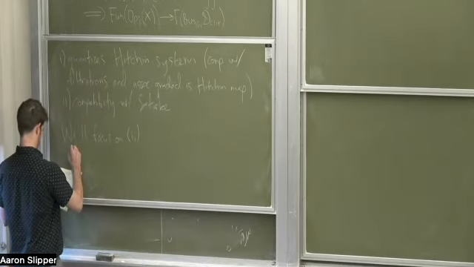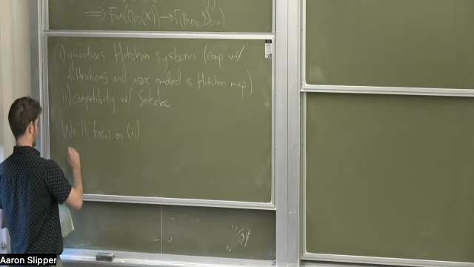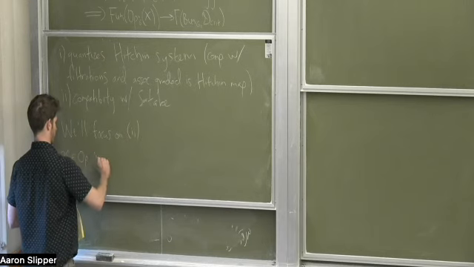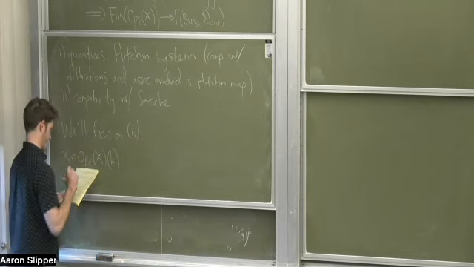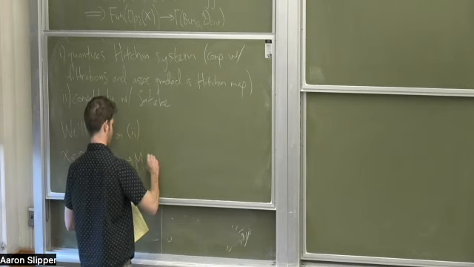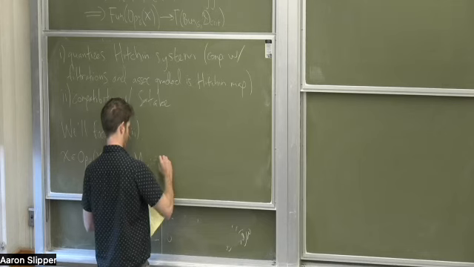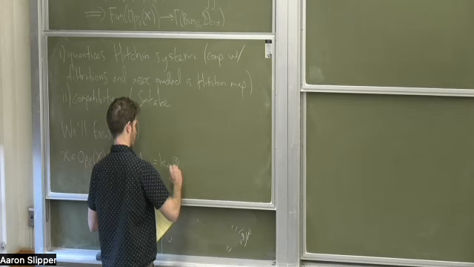Just to elaborate on that a little bit. Given an oper, call it chi, I can define an object by taking this quantized Hitchin map.